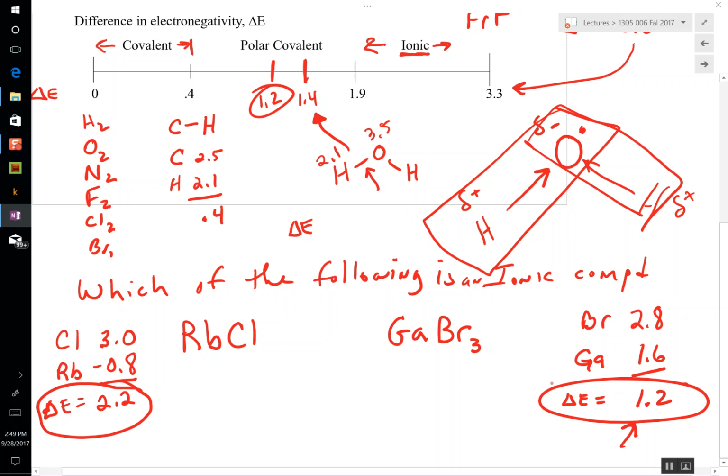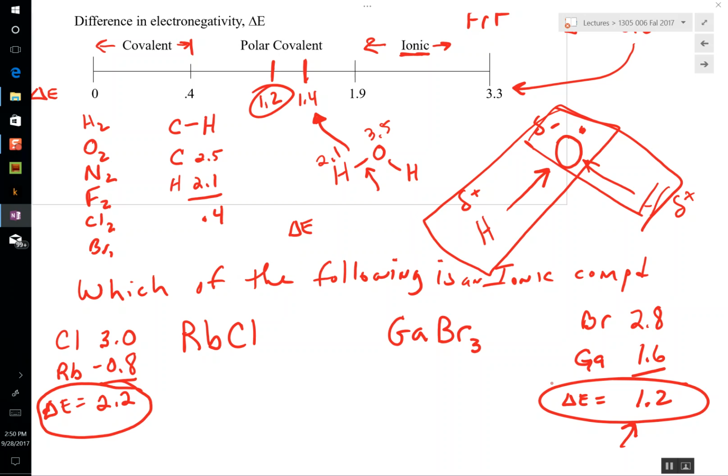All right, so if you ask questions about what type of bond would be in this compound, or which of the following compounds is most likely to be ionic, well, find out which compound has the greatest electronegativity difference.